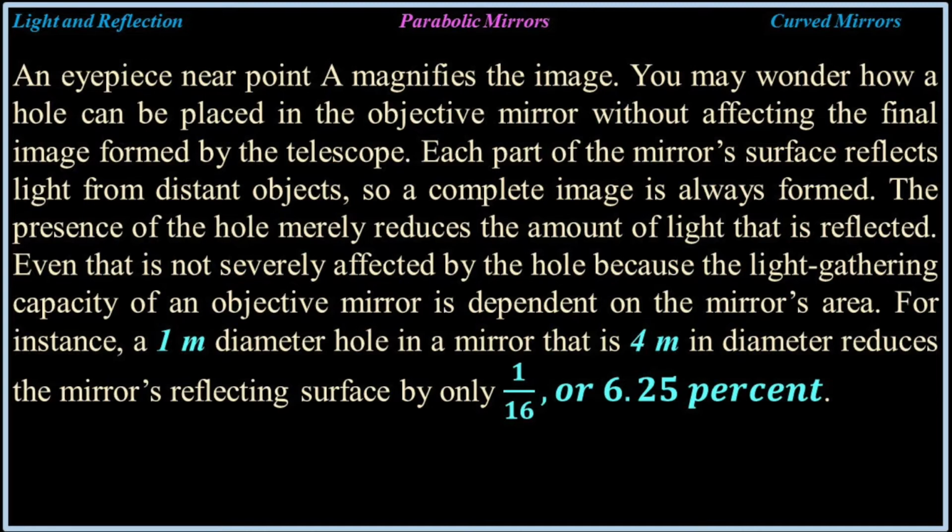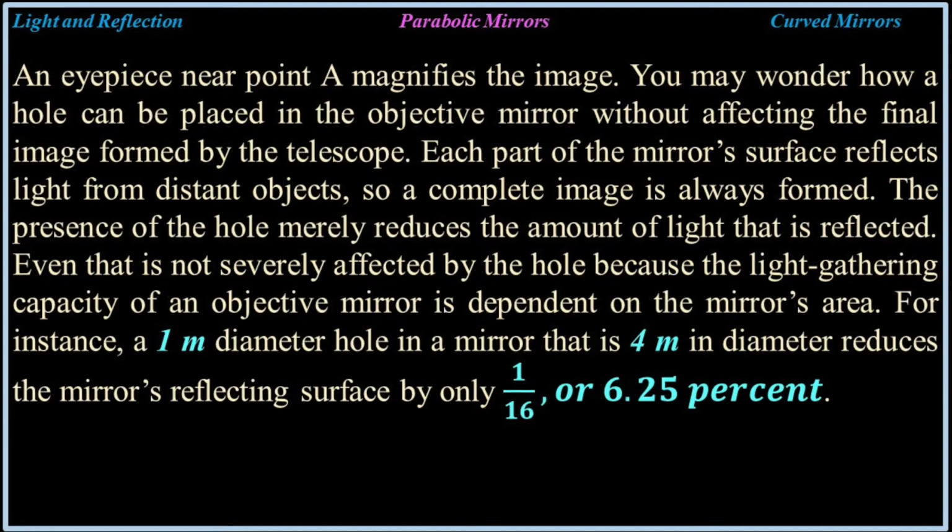You may wonder how a hole can be placed in the objective mirror without affecting the final image formed by the telescope. Each part of the mirror's surface reflects light from distant objects, so a complete image is always formed. The presence of the hole merely reduces the amount of light that is reflected.